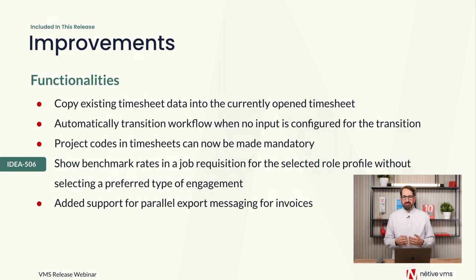So if it is set up this way, the export messages for one invoice can go to multiple different systems, and this communication with these external systems will be completely separate from each other. So we know when which system acknowledges a message or sends another request. So that should help our integration partners a lot.